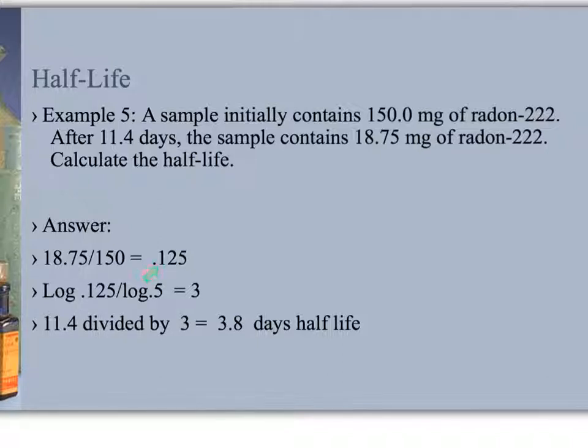We're going to take the log of 0.125 divided by the log of 0.5, again because we have half-life. That tells us that we have gone through 3 divisions. Each division is what we're trying to determine its length. The total days we have gone through are 11.4. So we take 11.4 divided by 3, and we have a half-life for radon of 3.8 days.